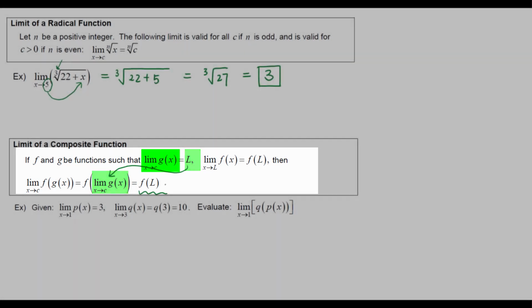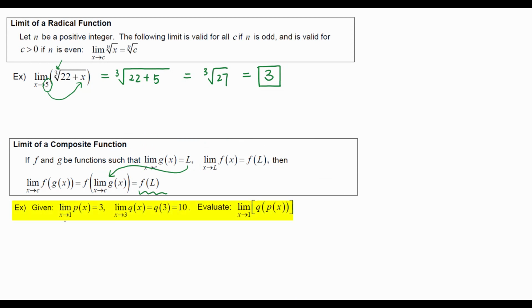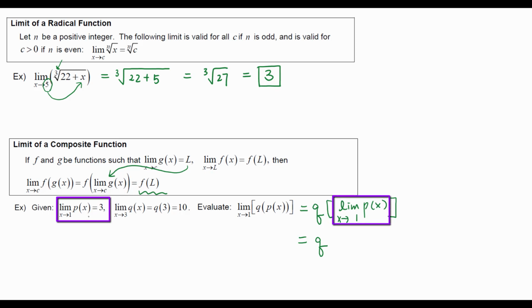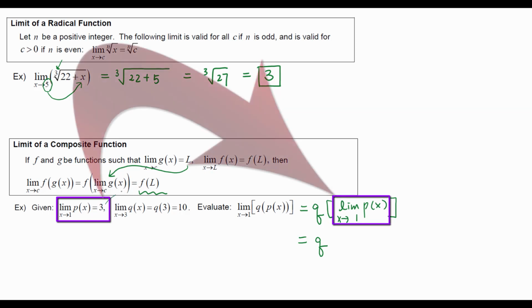So given the limit of p of x as x approaches 1 equals 3, and the limit of q of x as x approaches 3 is q of 3, which is equal to 10, then the limit of q of p of x as x approaches 1 would be, according to the property we just learned, equal to q of the limit of p of x as x approaches 1. And the limit of p of x as x approaches 1 is equal to 3.